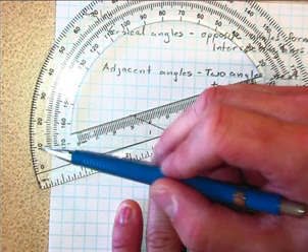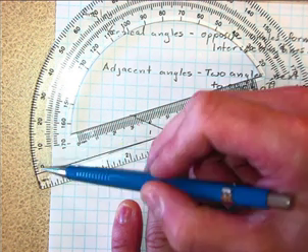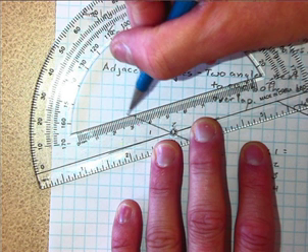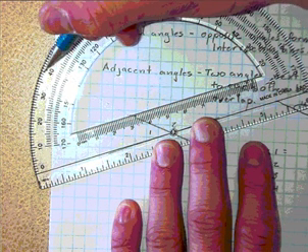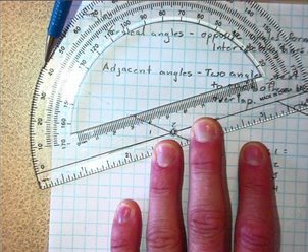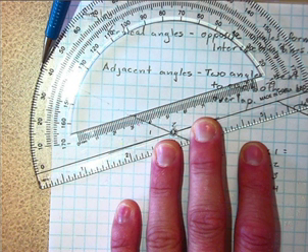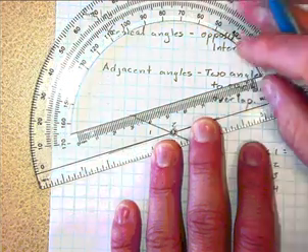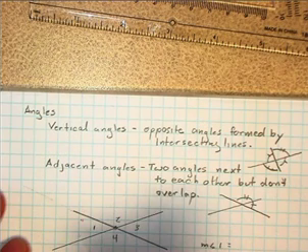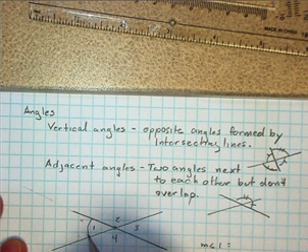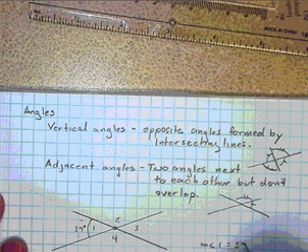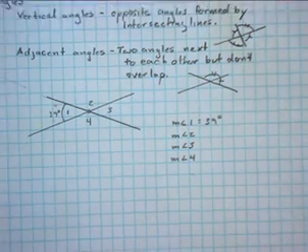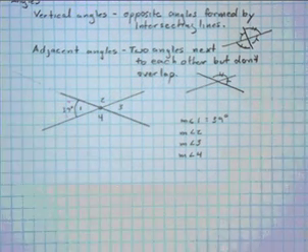I'm going to start at 0, 10, and it looks like it crosses maybe right about here. So here's 40, 39, 38, so it's probably about 39 degrees. So angle 1 looks to be about 39 degrees.